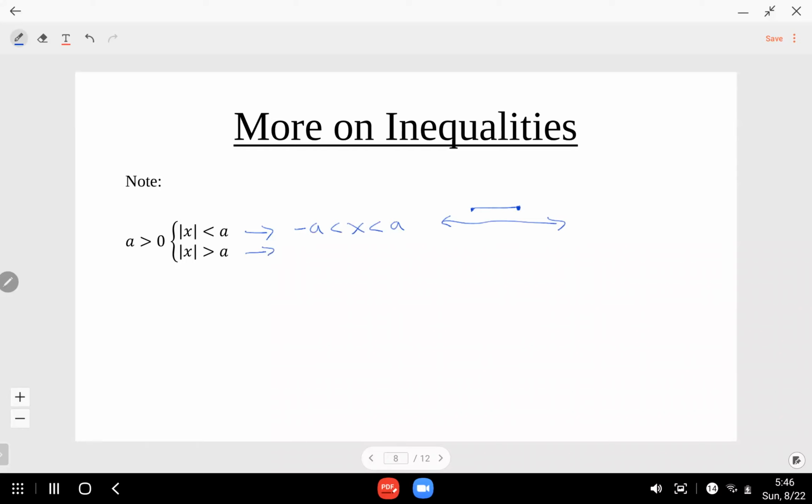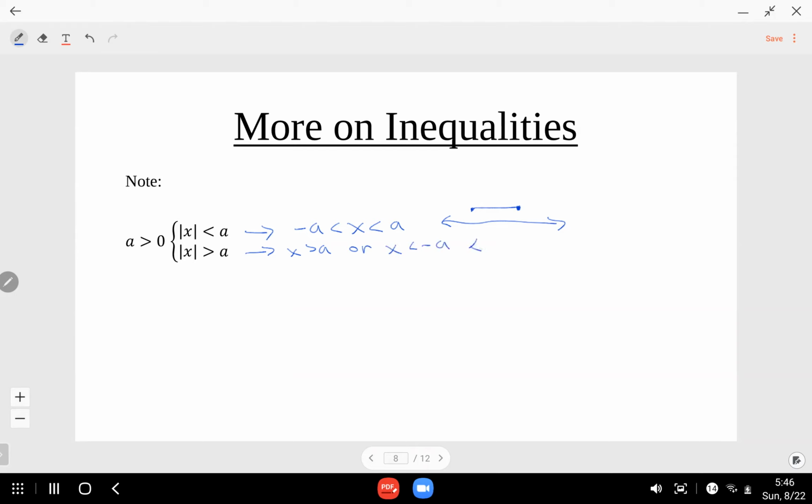Now, if the absolute value of x is greater than a, assuming a is greater than 0, then x is greater than a, or x is less than negative a.